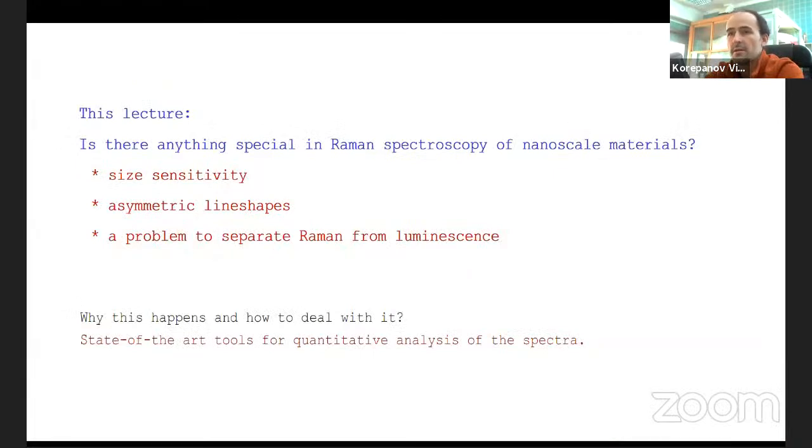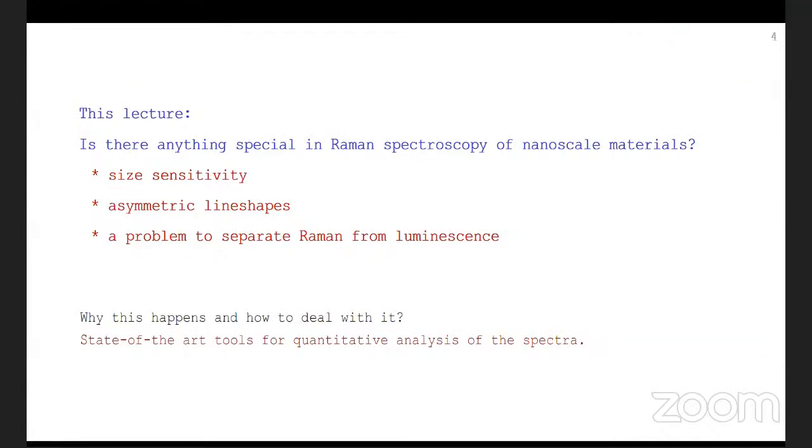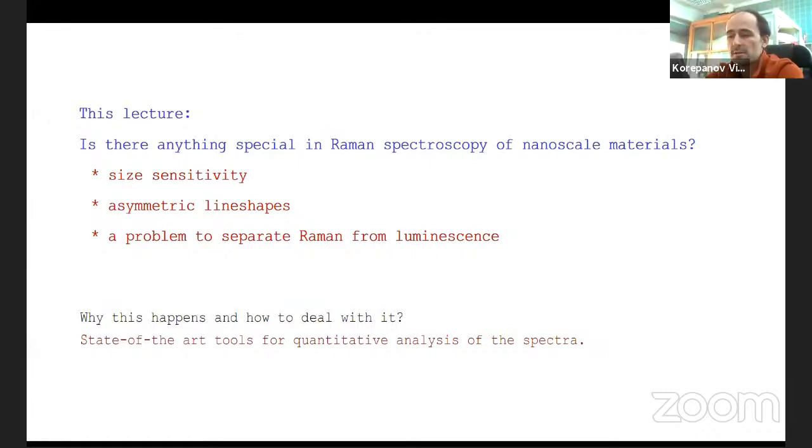In this lecture, I would like to answer the question, is there anything special in nanoscale Raman spectroscopy, in spectroscopy of nanoscale materials? Actually, the three main features of nanoscale materials are the size sensitivity of the Raman spectrum, asymmetric line shapes, which is in contrast to what we commonly observe in regular materials, and commonly faced problems to separate the Raman spectrum from luminescence.